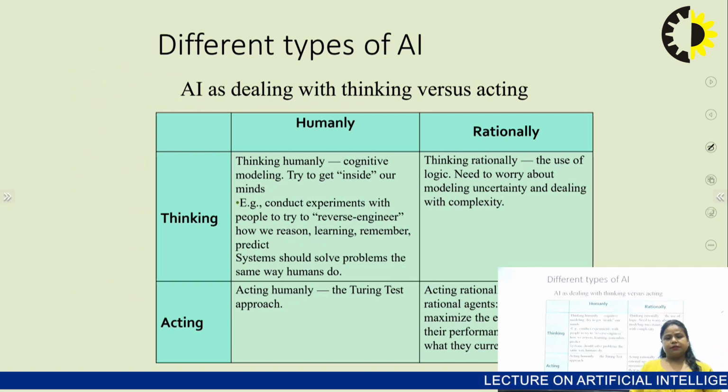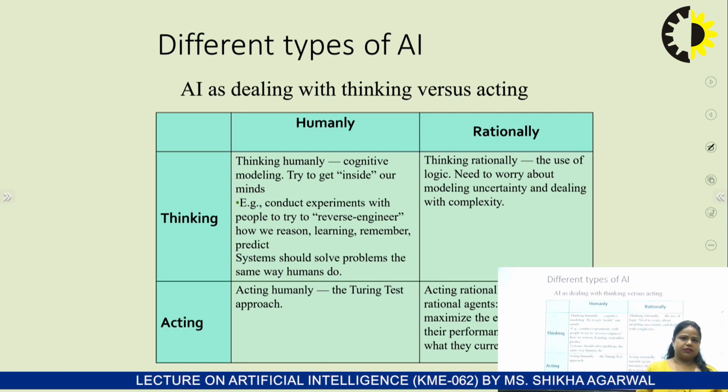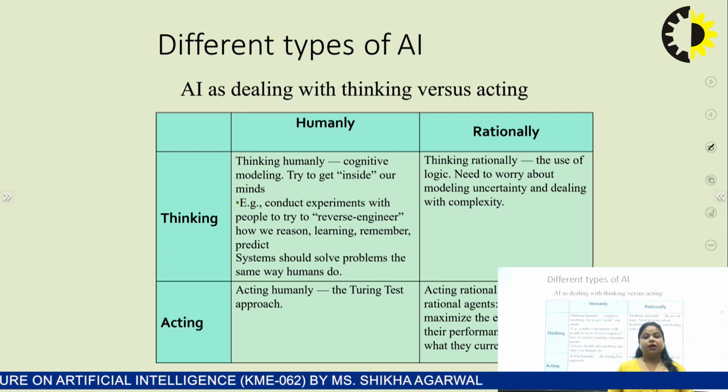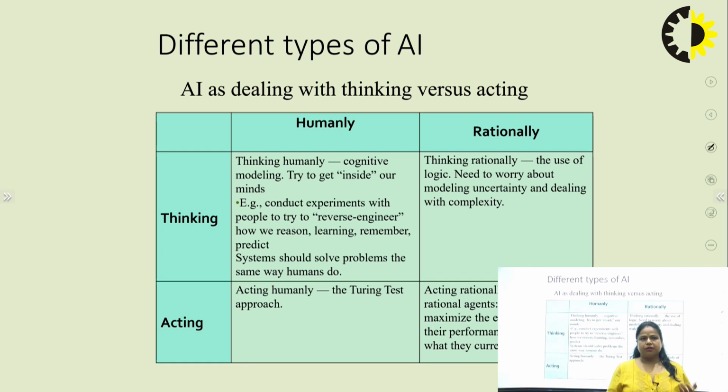Now this is the basics of what AI is: what artificial intelligence is, how it works, how we generate it, why we require it, and where it comes from. Then we are going to talk about the different types of AI. As I have already told you, artificial intelligence means making a computer system which acts like a human or mimics their actions.